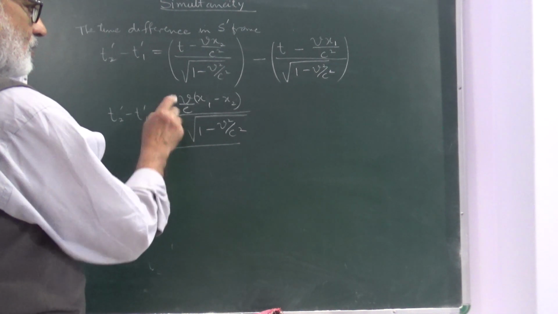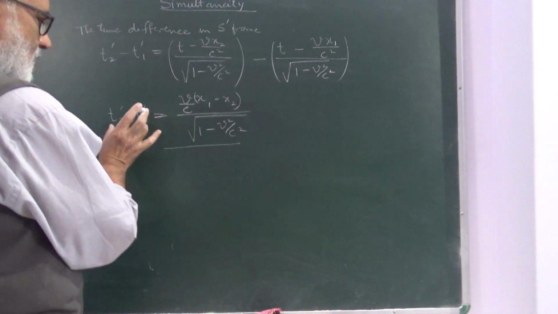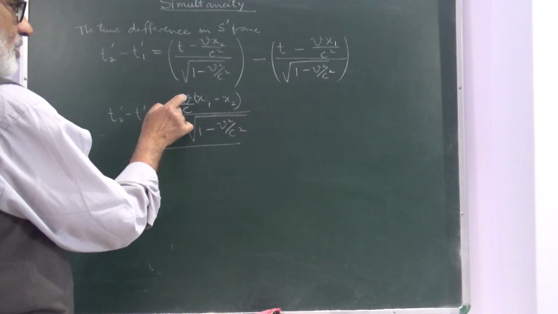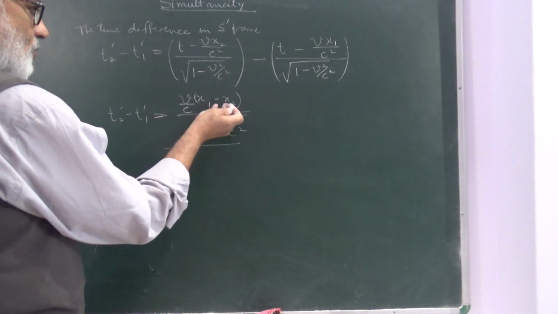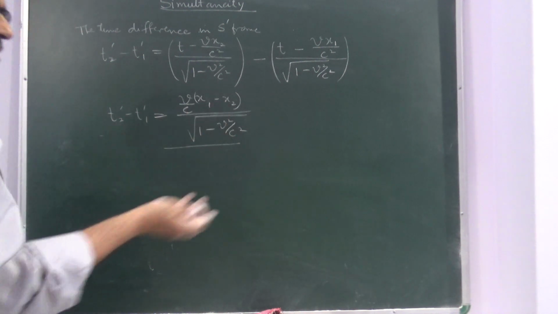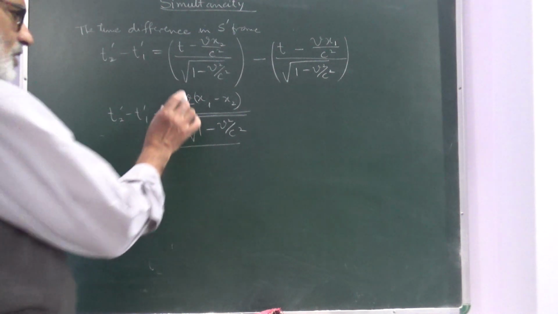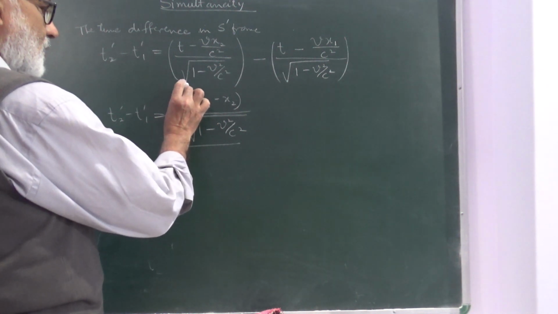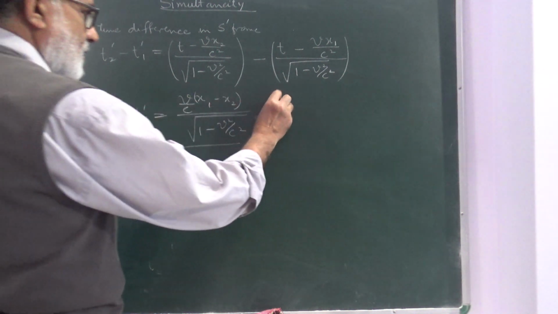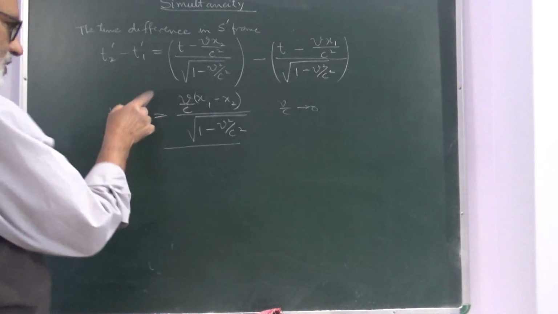The simultaneity holds only as x2 minus x1 comes closer to 0, or if these two points come closer, at the same point, then there will be no time difference. Or if the velocity is very much less than c, so v by c tends to 0, then only t2 dash minus t1 dash is 0.